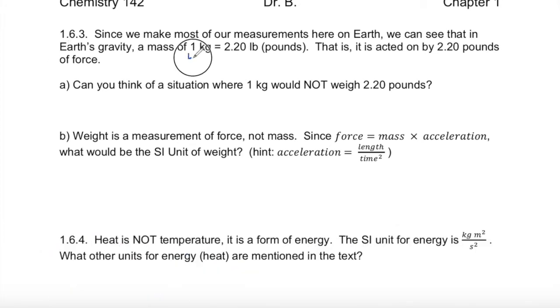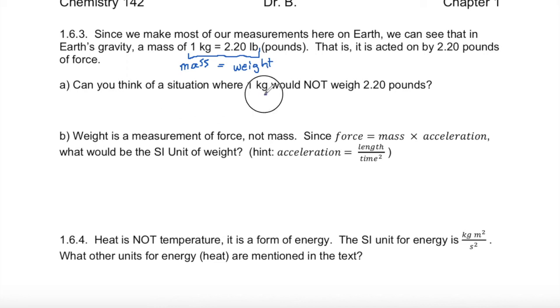However, we will be using this relationship between a mass of 1 kilogram and a weight of 2.20 pounds. That is what a mass of 1 kilogram experiences on Earth. So we'll go ahead and use this mass to equal this weight, even though technically they are slightly different properties.